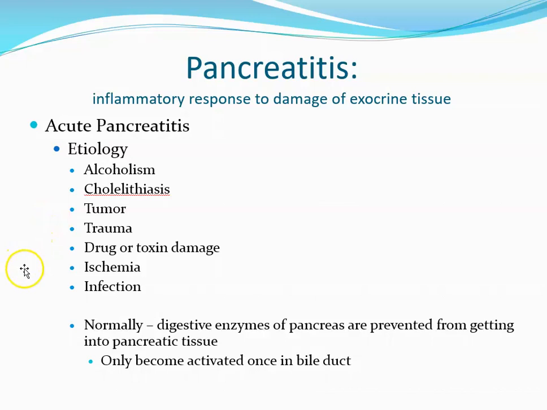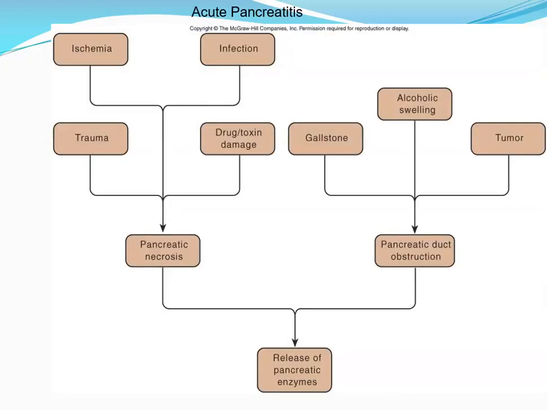The last group leads to pancreatic necrosis. But both of them lead to the release of pancreatic enzymes within the pancreas itself. Normally, these digestive enzymes are prevented from getting into the pancreatic tissue. They are released into the duodenum and only become activated once they are in the bile duct. So this is showing various causes for acute pancreatitis.